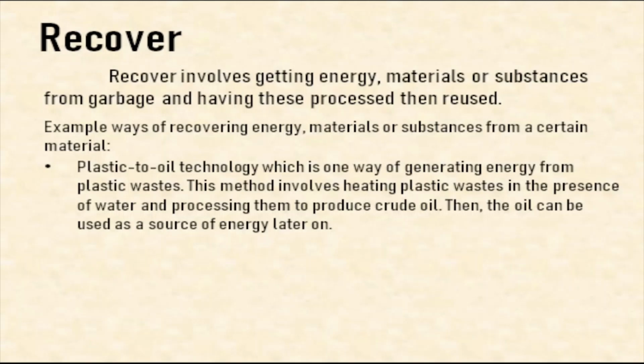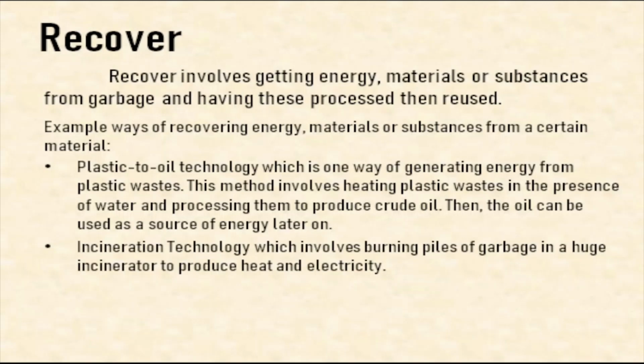This method involves heating plastic waste in the presence of water and processing them to produce crude oil. Then the oil can be used as a source of energy later on. Incineration technology, which involves burning piles of garbage in a huge incinerator to produce heat and electricity.